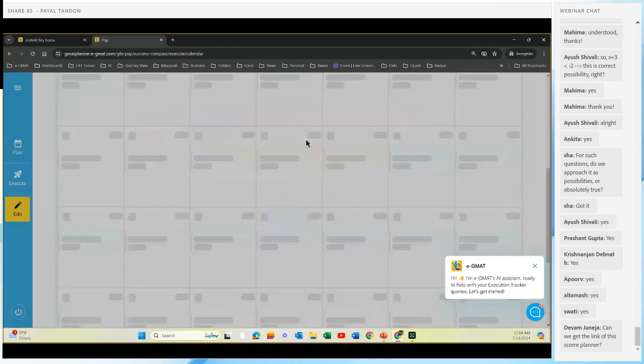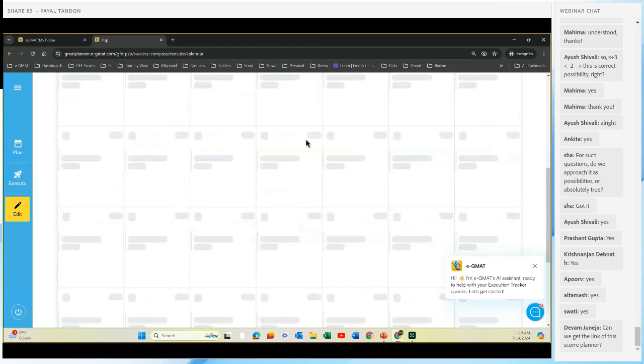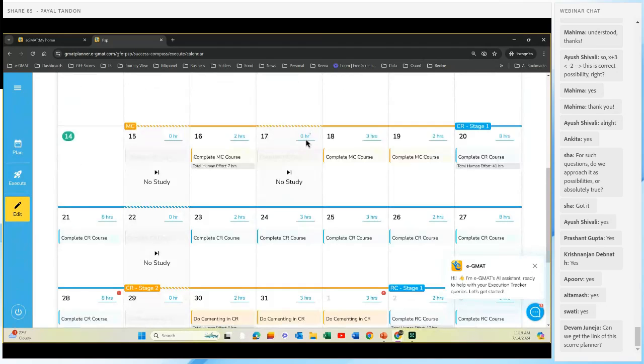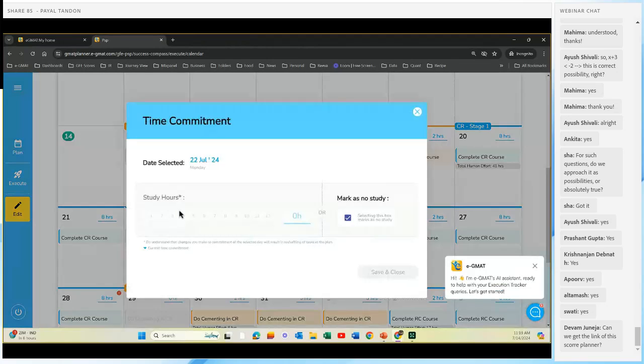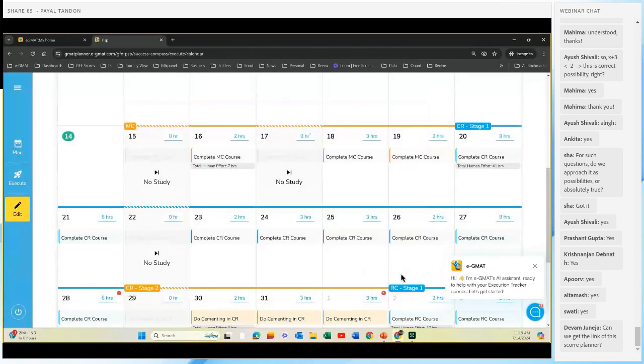In fact, if you have an upcoming travel, you can already plan for when you won't be able to study. And then maybe this Monday, which you had decided not to do as a study day, you may say, you know what, I have to make up my time. I'm going to take half a day off and spend 6 hours, because I don't want my test day to move at all.